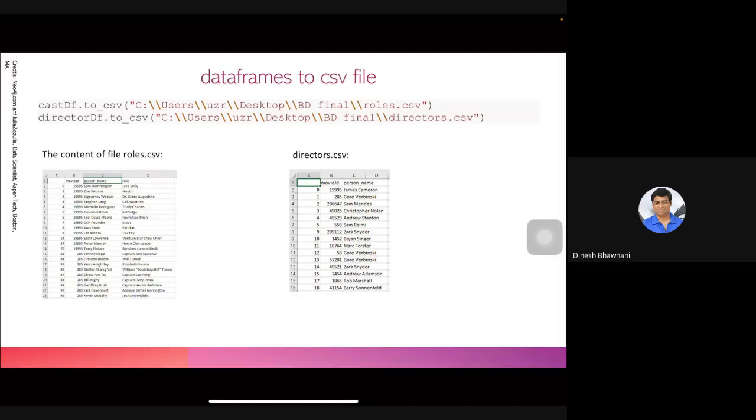So you have to write it to comma separated values so that you can take it to Neo4j. Basically, you just do a to_csv and you write it. This file will look like this: movie ID, person name, role. Now we can go back to Neo4j and read it.